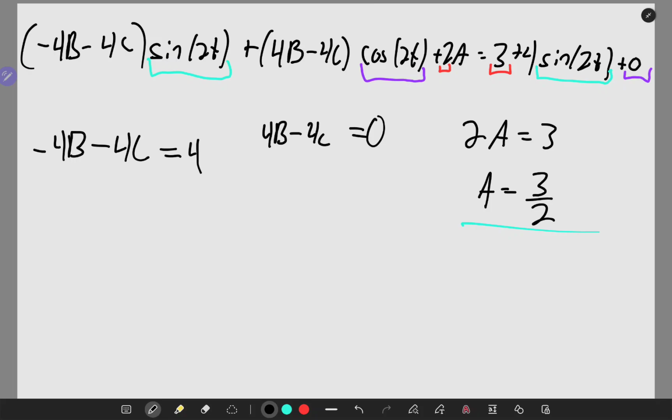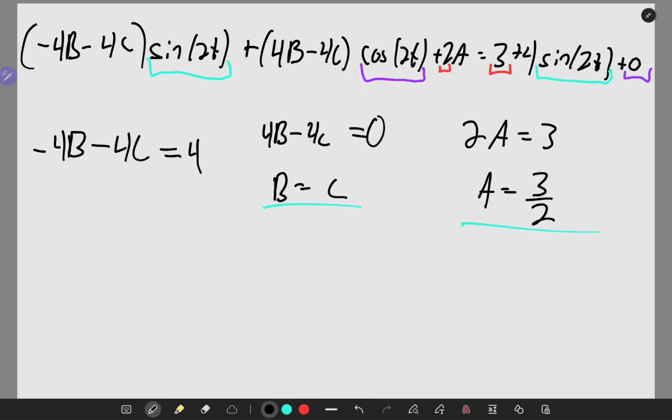So I might make a separate Cramer's rule video, I'm not sure yet, or I might do it with the variation of parameters video. So let's just do this with substitution for now. So let's solve this one here for b. So b would be equal to c in this case, right?